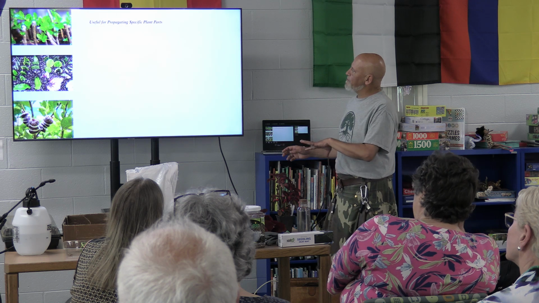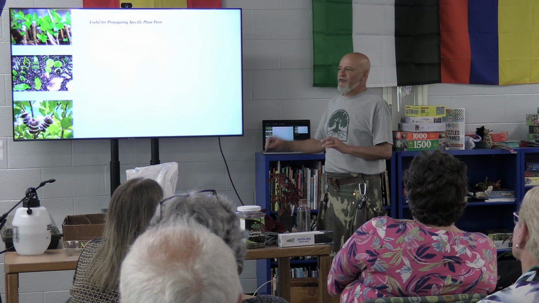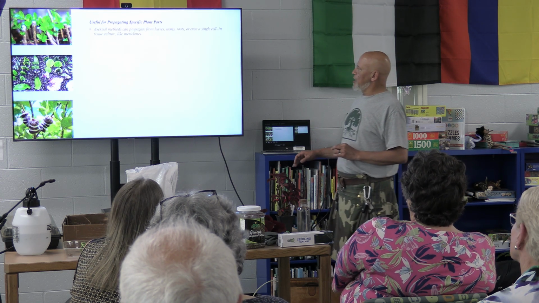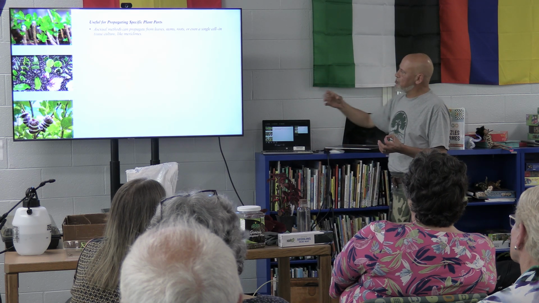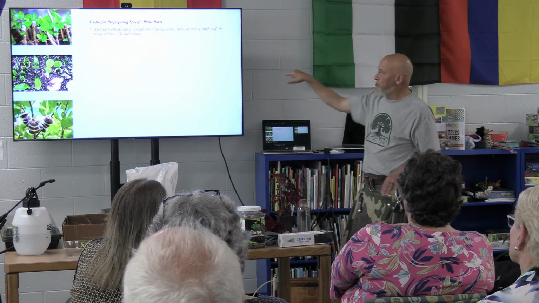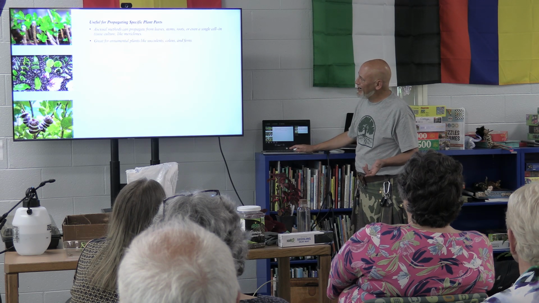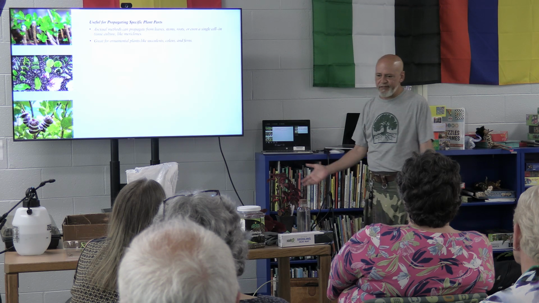Okay, so this is cool. Sometimes you just want to propagate from specific plant parts, like leaves, stems, roots, and single cells. We're not going to do that, but we'll do all those different forms in just a few seconds. Succulents, coleus, ferns.